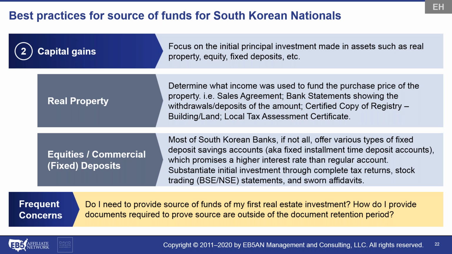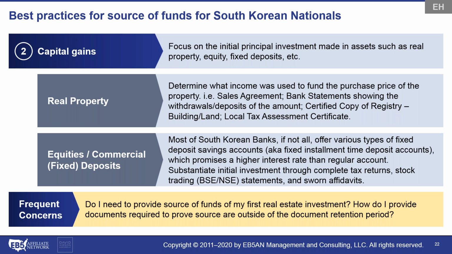If customers open up this fixed deposit account and put in their deposits, they sign a contract for maybe 1 year or 2 years, and within that period they cannot withdraw any money, but they get a higher interest rate. And this type of fixed deposit account is so popular in South Korea.